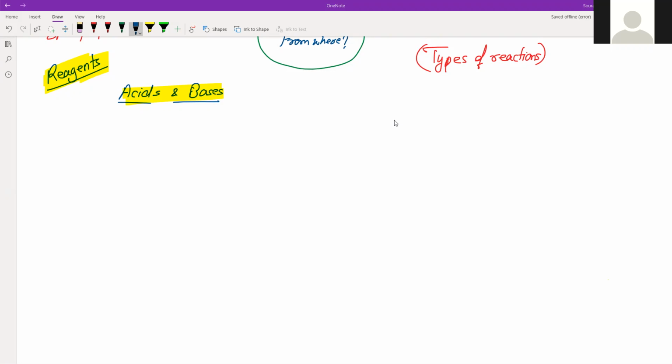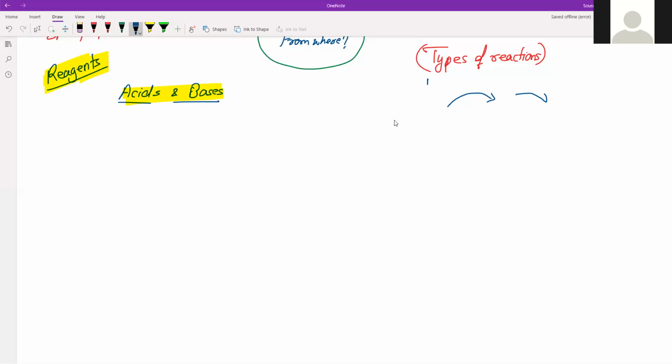Acid-base reactions are simple fundamental reactions which will enable us to see how these curved arrow notations are used to represent the mechanism of reactions. In the reactions, you must have seen in many places arrows like this or arrows like this.